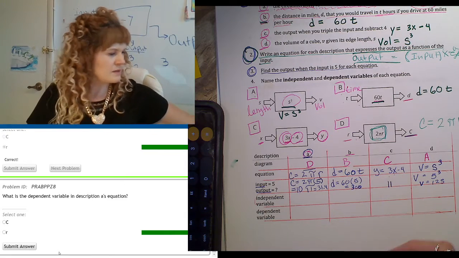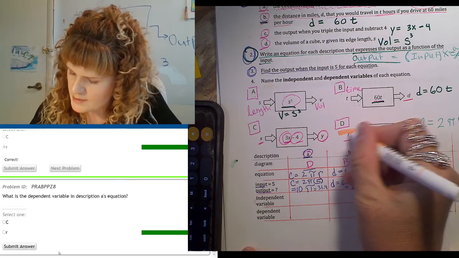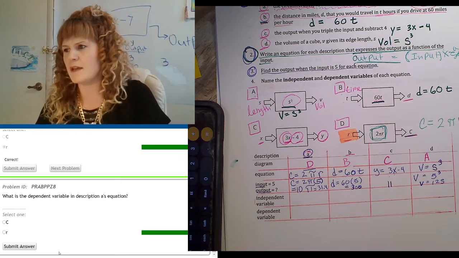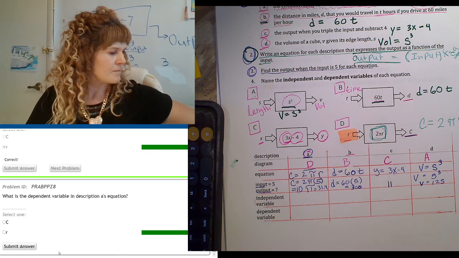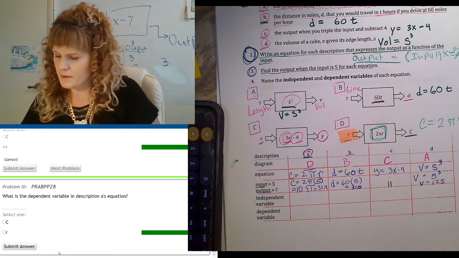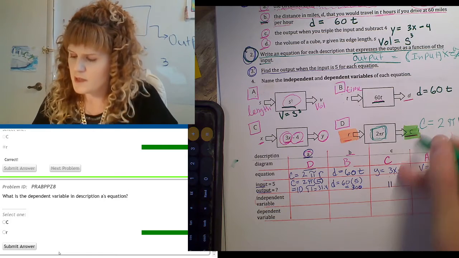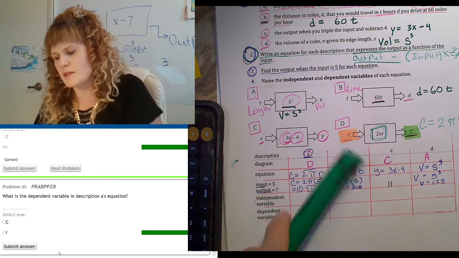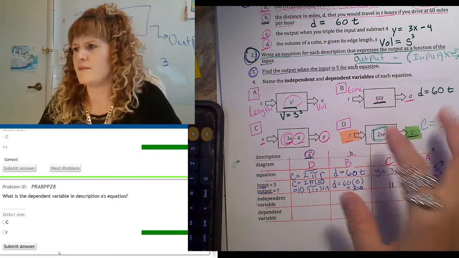Let me get a highlighter. Right here, the radius is the input. So that can help you if you still find it confusing. And the output is the circumference. So you have to remember, input is independent variable. Output is dependent variable.